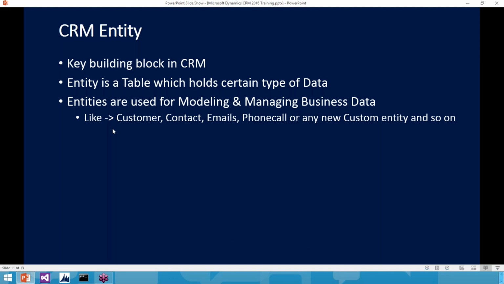I have thrown some of the entities here: customer, contact, emails, phone calls. And the cool thing with a CRM system is you can always create your own new entities, custom entities. If you don't want to use some of the out-of-box entities, you can always go back and create your own entities.